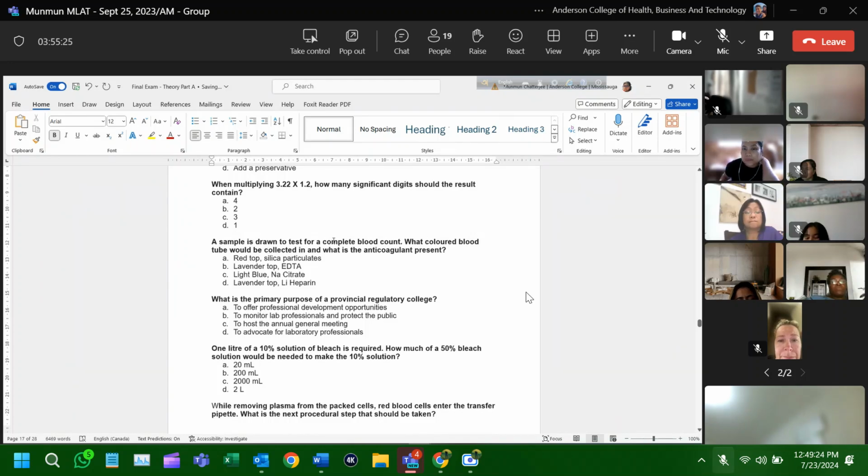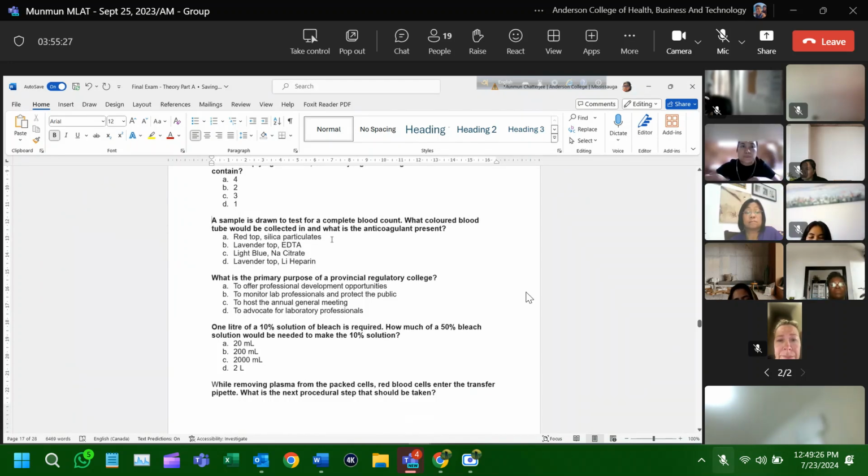A sample is drawn to test for a complete blood count. What colored blood tube would be collected and what is the anticoagulant present? For a complete blood count, or CBC, which color tube do you use and what anticoagulant? EDTA.